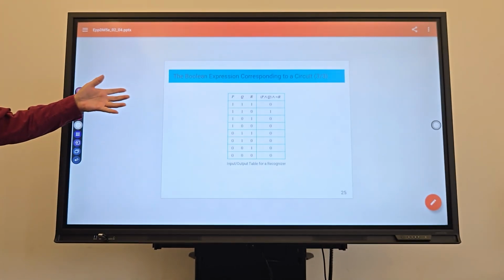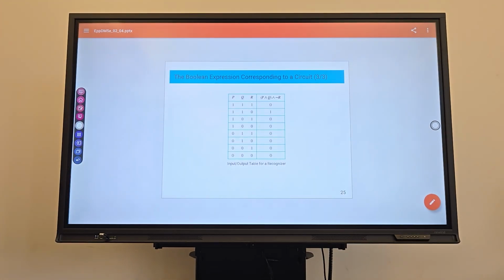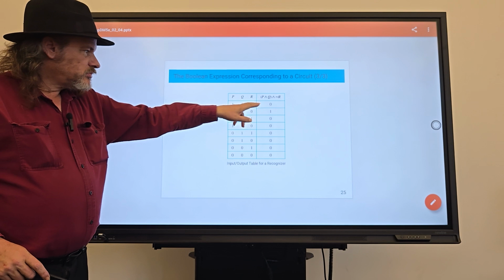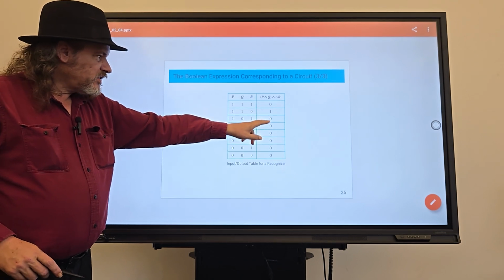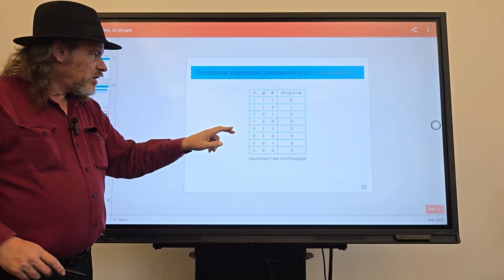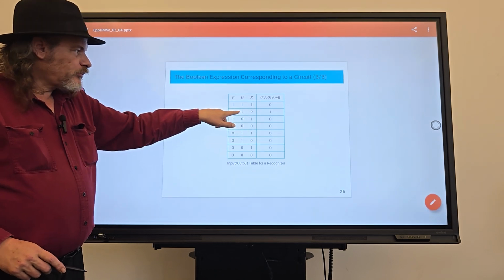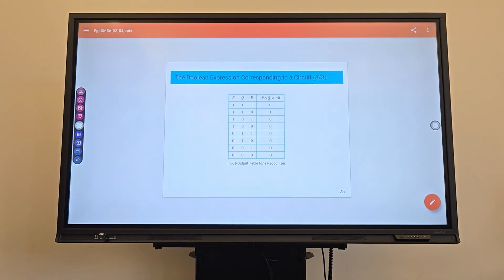Like this is a recognizer. It outputs 0 to all these, and 1 for that one particular combination.